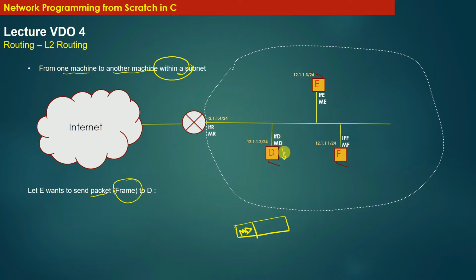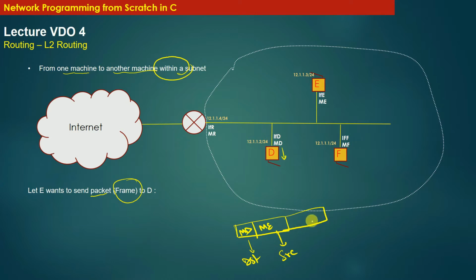And the source MAC address that the machine E will fill in the packet is ME, that is the MAC address of the interface through which the packet will be transmitted out. So this is the destination MAC address and this is the source MAC address. After it has prepared the Ethernet header completely, of course it will fill the other fields in the Ethernet header. I am not discussing that.